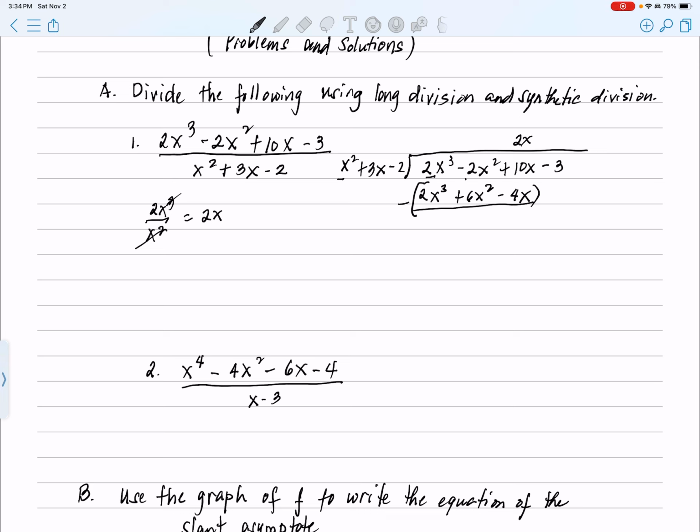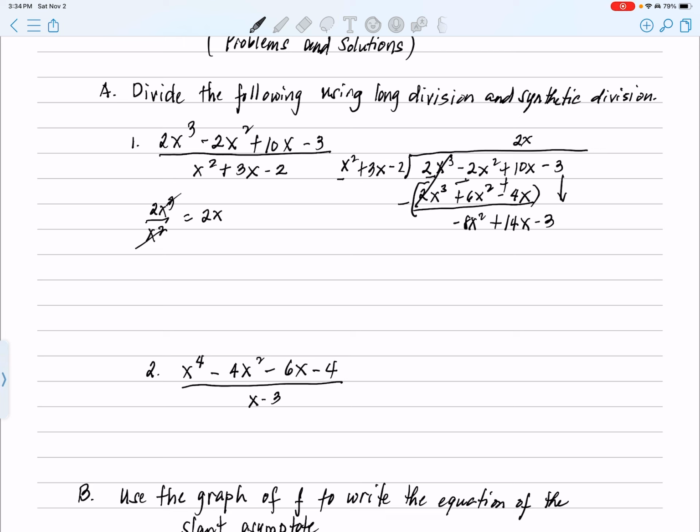This will become negative, that will become positive. So you cancel out the first term. Then negative 2 and negative 6, that's negative 8x squared. 10 plus 4, that is 14x. You bring down the last term, minus 3.